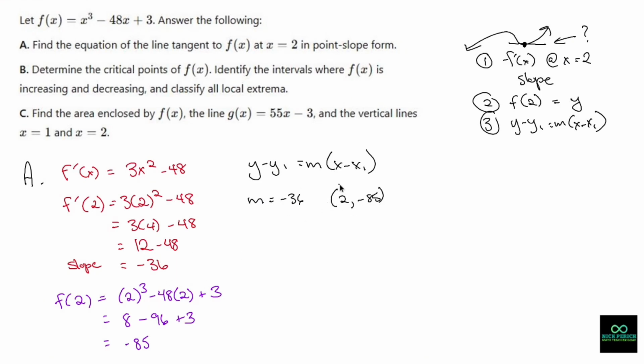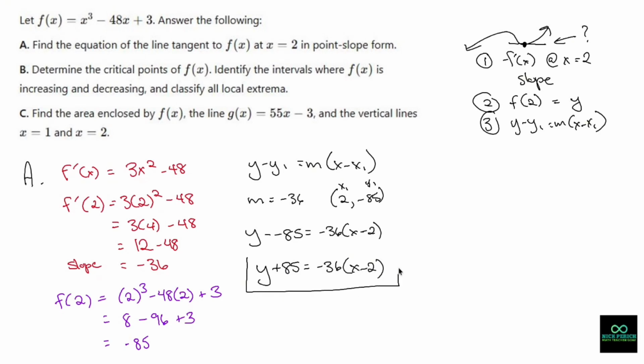So if I were to label you x sub 1, y sub 1, we can put everything together. y minus negative 85 equals negative 36 times x minus 2. Cleaning this up is going to be y plus 85 equals negative 36 times the quantity x minus 2. Yuck, gross, no thank you.